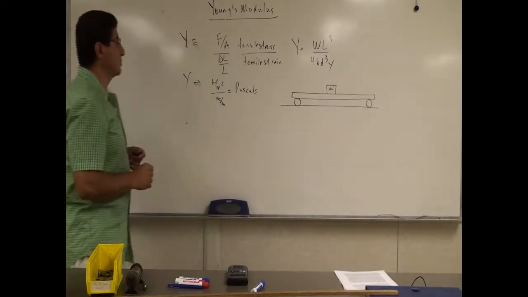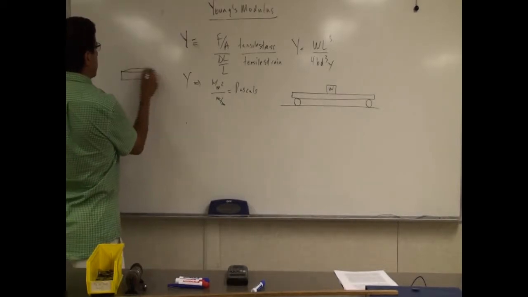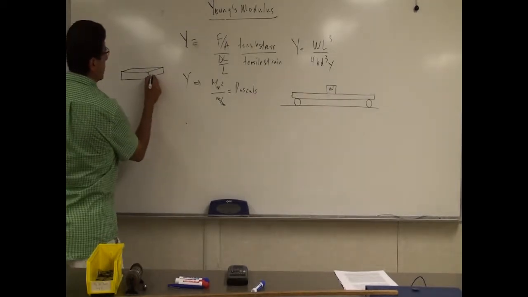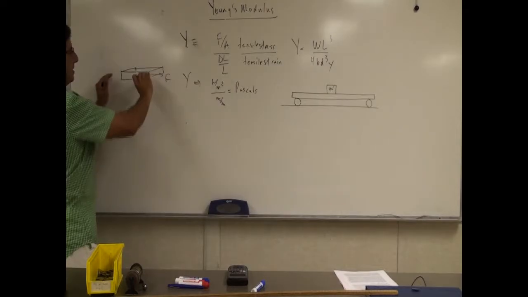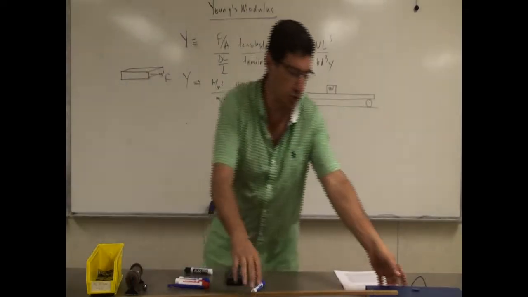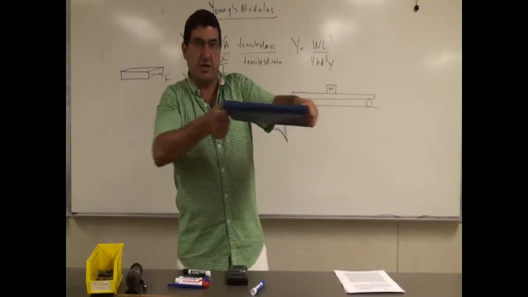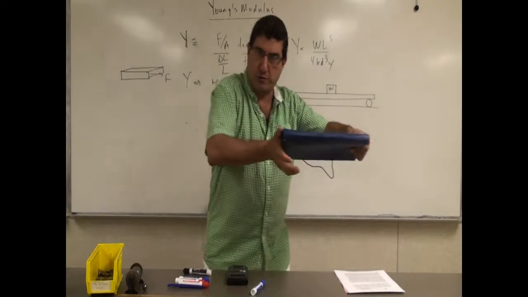So what is Young's modulus measuring? When you are taking a substance like this, like a book or something, and you are exerting a certain force on it, the object is going to be experiencing a strain. So take any object like this, exert a force like this, to stretch it or to compress it.